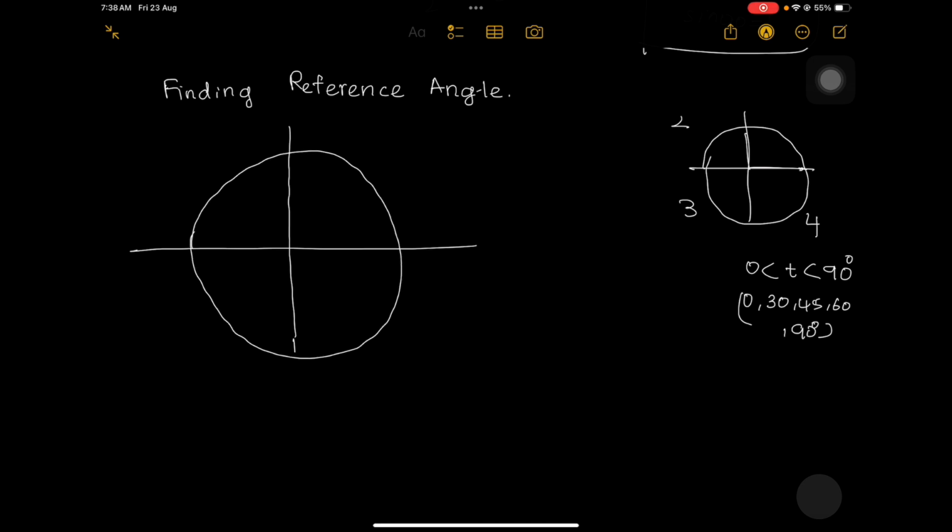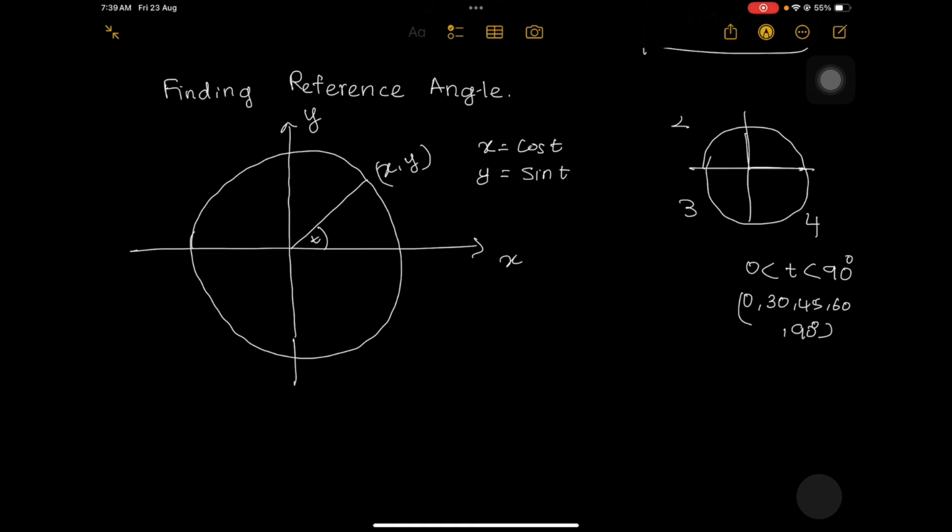This is x, this is y, this is a unit circle. Let's say there is an angle t here and the coordinates are x comma y. So the x value denotes cos t, and the y value denotes sin t.